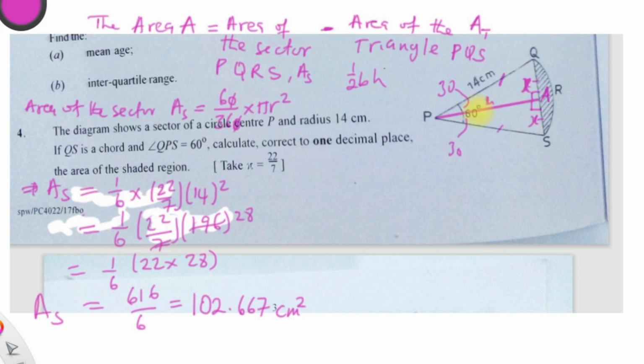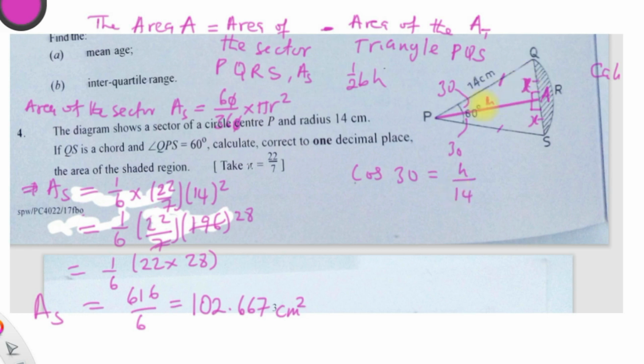So if you have cos, let's say here you want to find the height. This is 30. Now cos 30. Cos is adjacent over hypotenuse. Opposite is x. This side is the opposite. So adjacent is h. So we have cos 30 is equal to adjacent, which is h, over hypotenuse, which is 14.